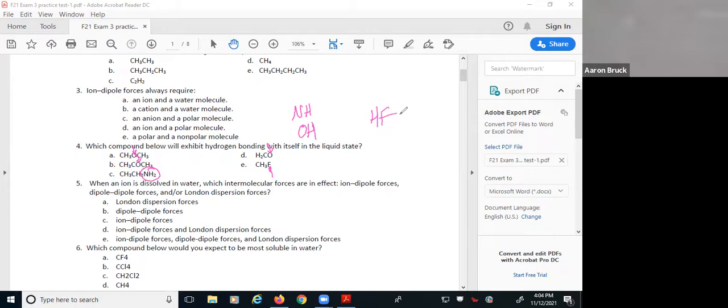The dipole forces will not be water to itself. And then the London dispersion forces, everything has London dispersion forces. Doesn't matter what it is. Everything that has electrons has London dispersion forces, because London dispersion forces are caused by the random motion of those electrons. So since we have all three, E's our answer.